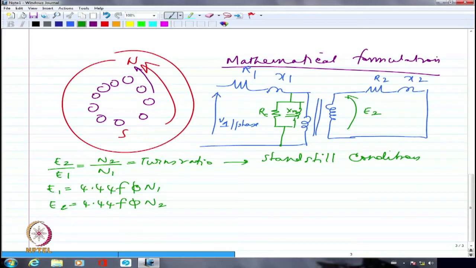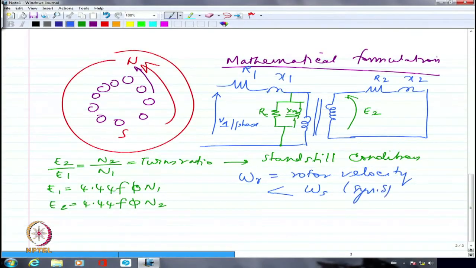It has started rotating. Once it starts rotating, I told you that omega r, that is the rotor velocity, is going to be less than omega s, the synchronous speed. Right? So we introduce one important term which we use repeatedly in induction motors, called slip.